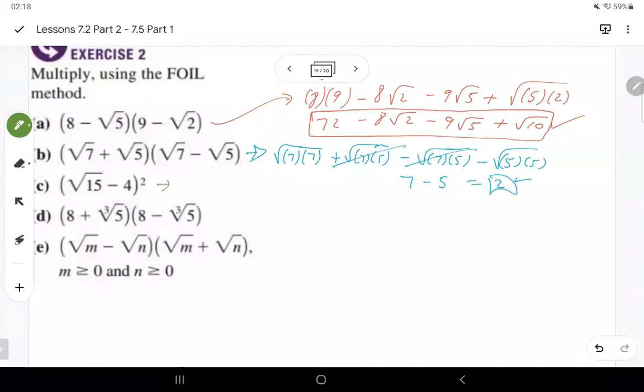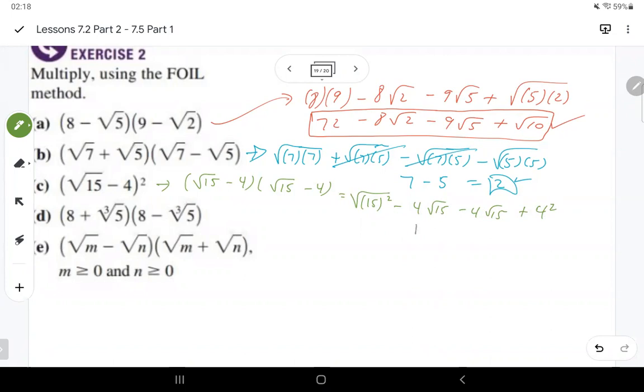Okay, here we have to rewrite this as the square root of 15 minus 4 times the square root of 15 minus 4. We will have to FOIL, so we're looking at the square root of 15 squared minus 4 square root of 15 minus 4 square root of 15 plus 4 squared.